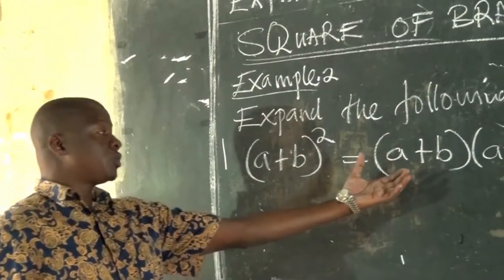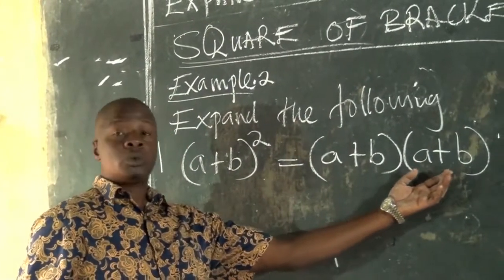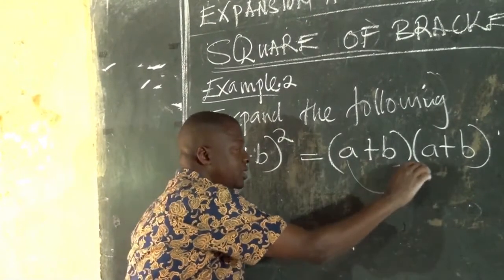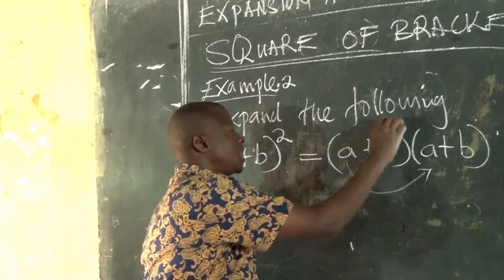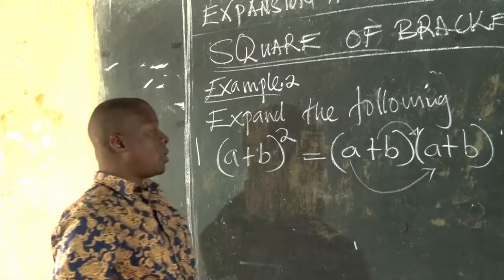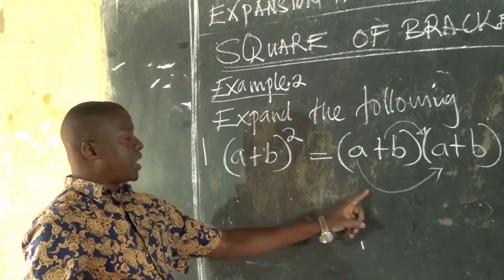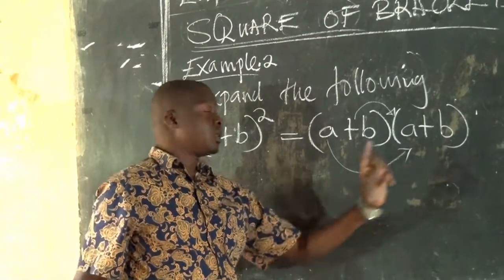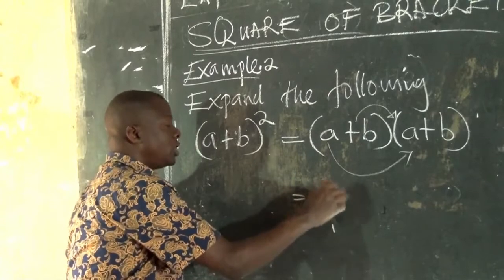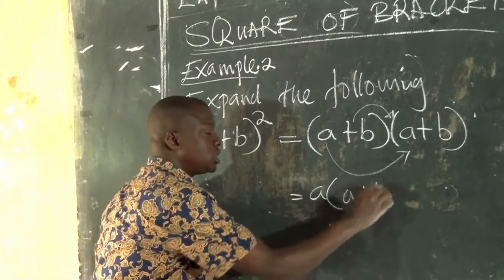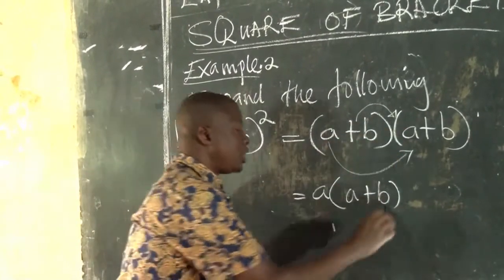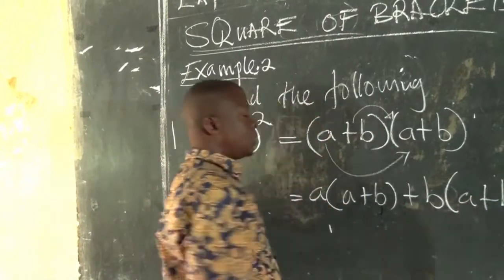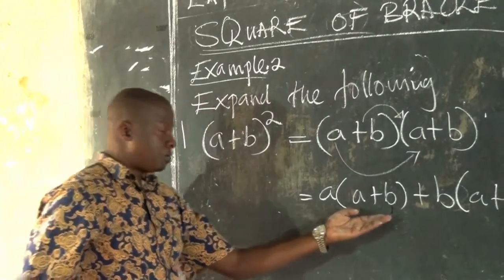We are supposed to have two similar brackets with similar elements. Remember the first bracket and also the second bracket. In other words, elements in the first bracket affect the elements in the second bracket. This is a into a plus b, also b is going to affect the second bracket. Let us open brackets.